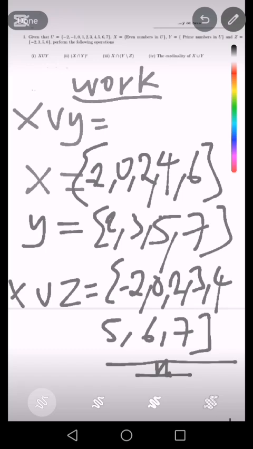Now let's go to the second question, which is x intersection y complement.